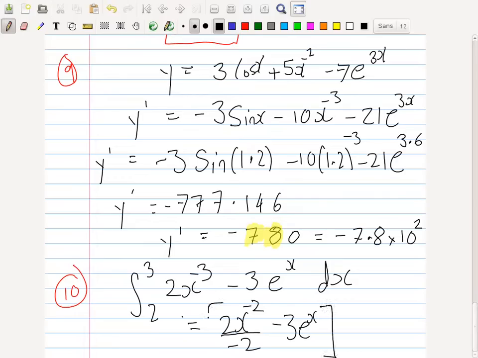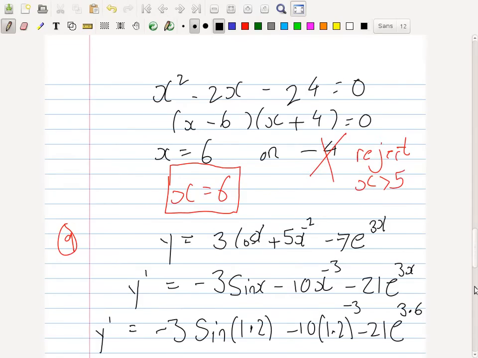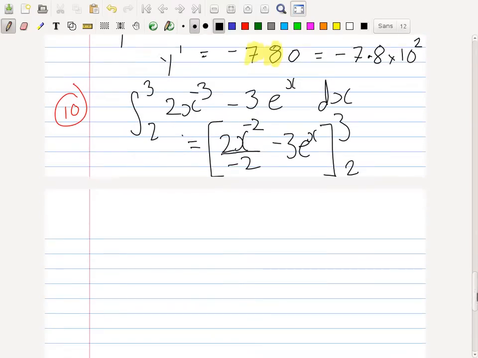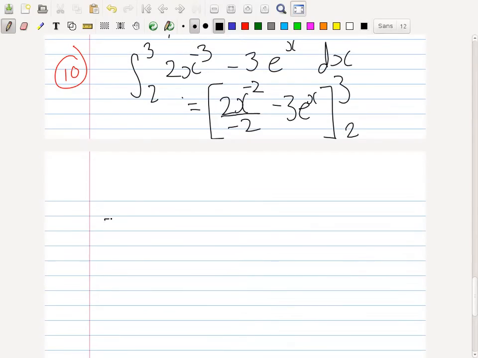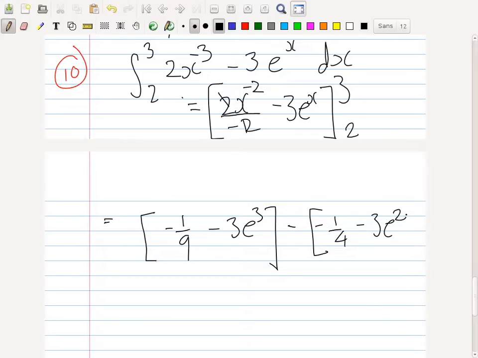And then you put in the two limits of 2 and 3. If I put in 3 first, I get minus 1 over 9 minus 3e cubed, and then I put in the 2, and I get minus 1 over 4 minus 3e squared.